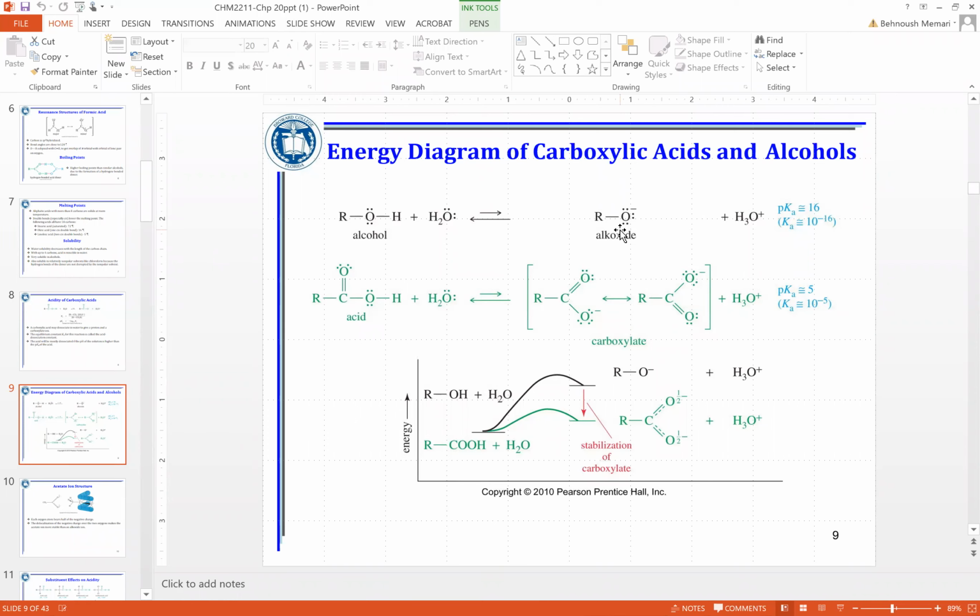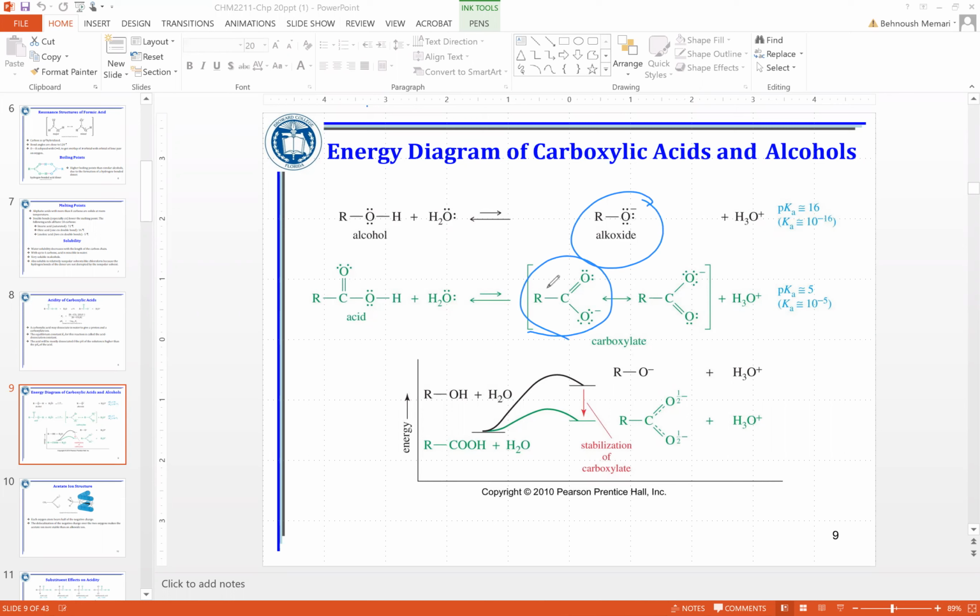The reason for that, if you go back to chapters 1 and 2 of the organic book, it does explain the resonance. When alcohol loses a hydrogen, it changes to alkoxide, and in alkoxide there is no chance for resonance. But carboxylic acid, after losing a hydrogen, changes to carboxylate ion, which can form resonance.